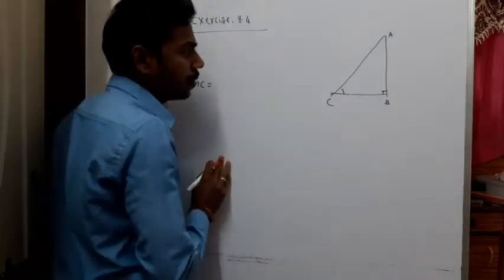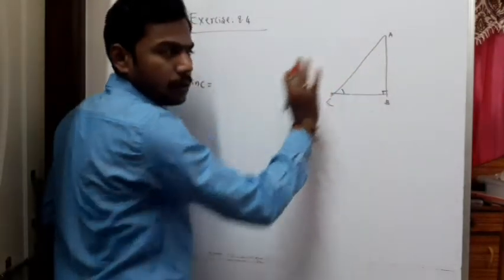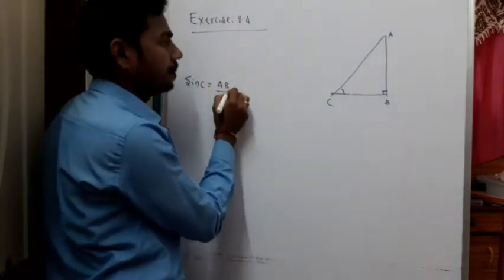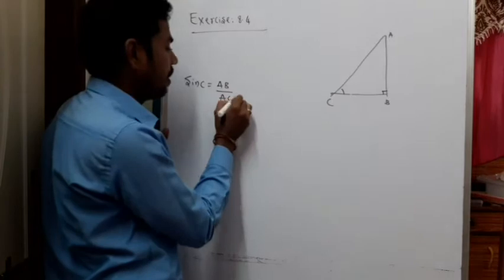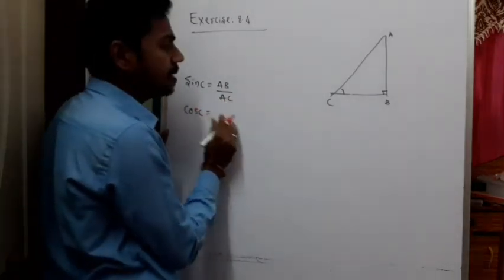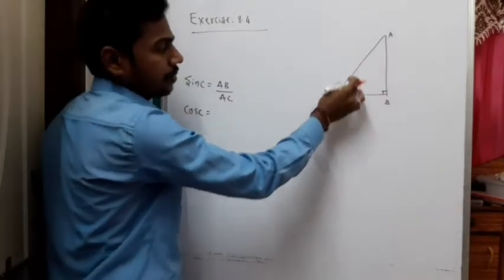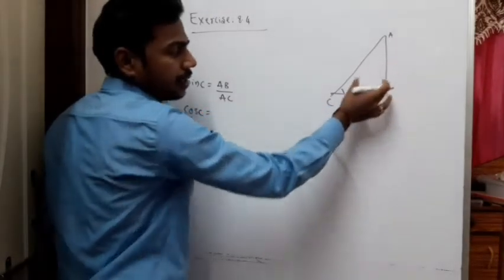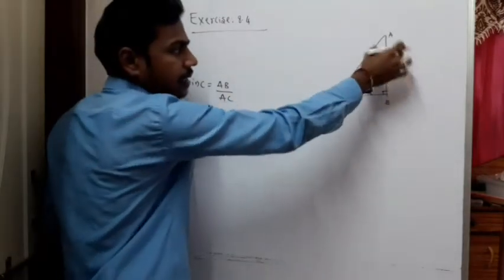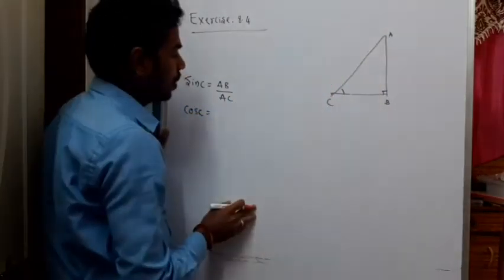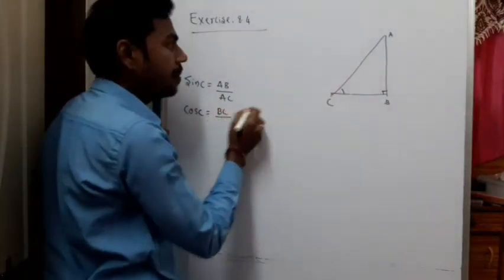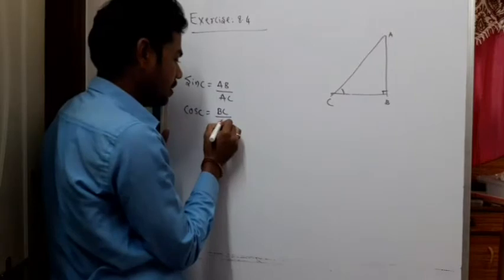Sin C is equal to opposite by hypotenuse, that is AB by AC. Cos C is adjacent by hypotenuse. For angle C, this will be adjacent, this will be opposite, and this is the hypotenuse. For cos C, BC is the adjacent divided by hypotenuse, which is AC.